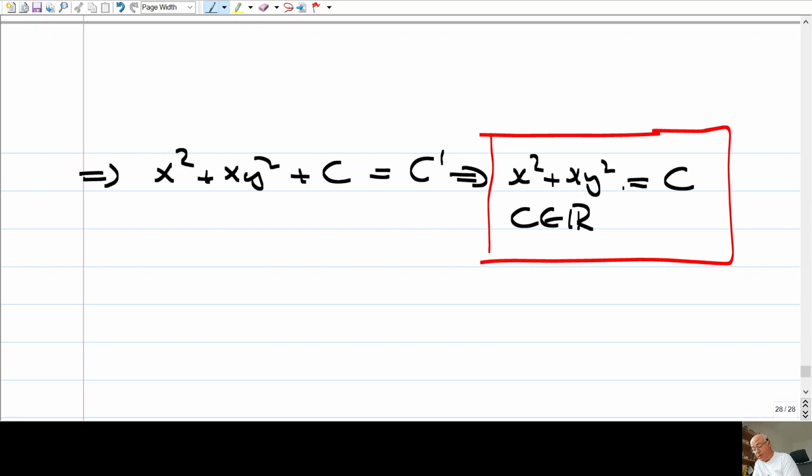This is not difficult. You just have to take a square root. But you will have plus or minus square roots. And which one will you choose? Well, you will choose depending on the initial condition, if you are given one. Therefore, since no initial condition is given, you may just leave it like this. Okay.